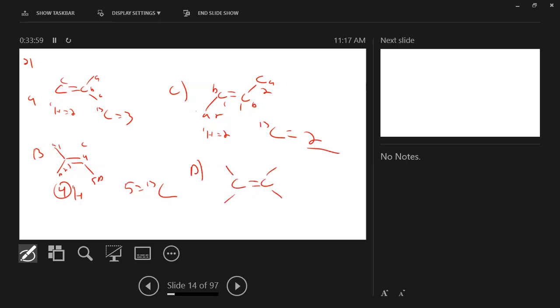For proton NMR, you're going to have carbon-13. 2. So that's 21.